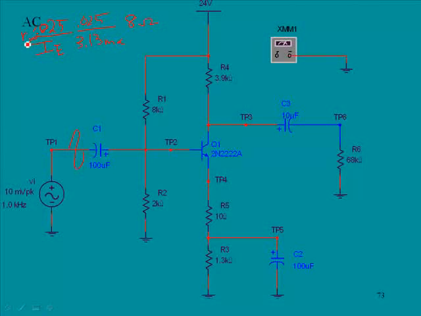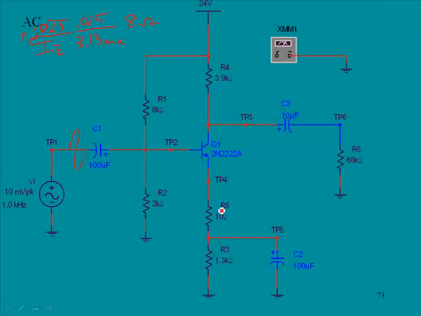Now, what this RE prime is, that is the AC resistance of the emitter diode. So when this AC signal is applied to this base, it's going to experience 8 ohms of resistance right here. Now let's look at the path for the AC input signal. It's going to come in here, it's going to go through the emitter, through this 10 ohms of resistance right here, and then down to ground through the capacitor here.